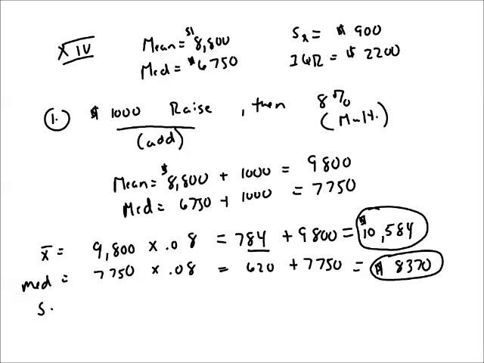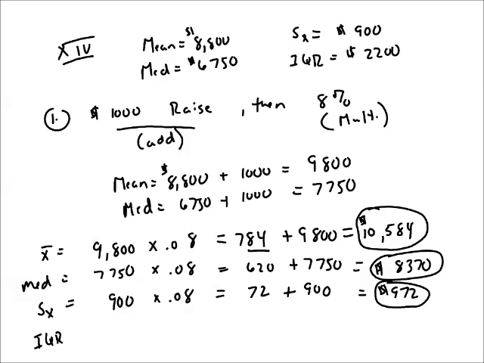Your standard deviation, we didn't change anything when we added 1,000, so it's still 900 times 0.08, which is 72. Then we add the 900 again, so it's $972. And IQR, we have 2,200.